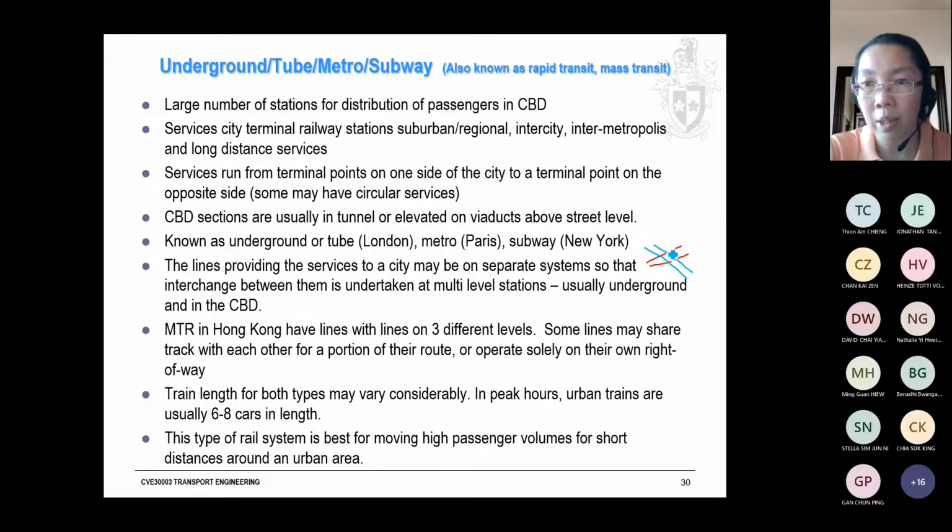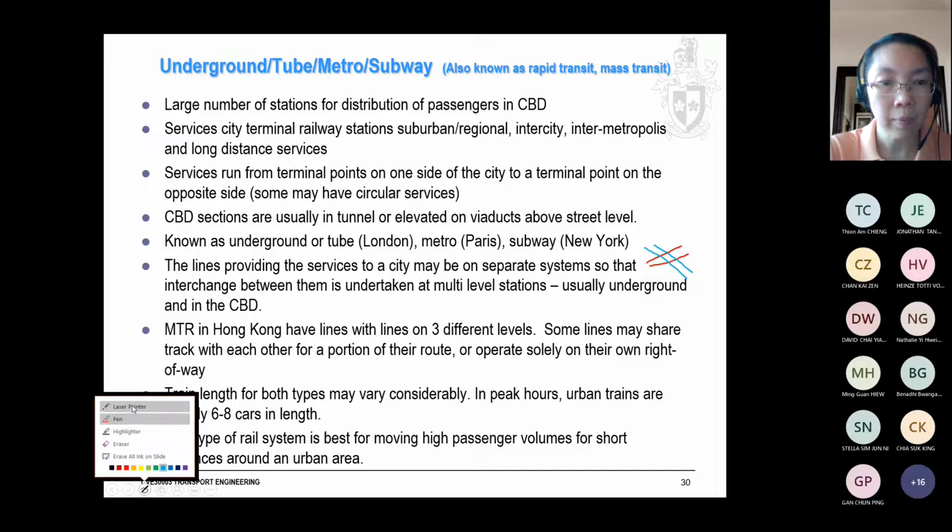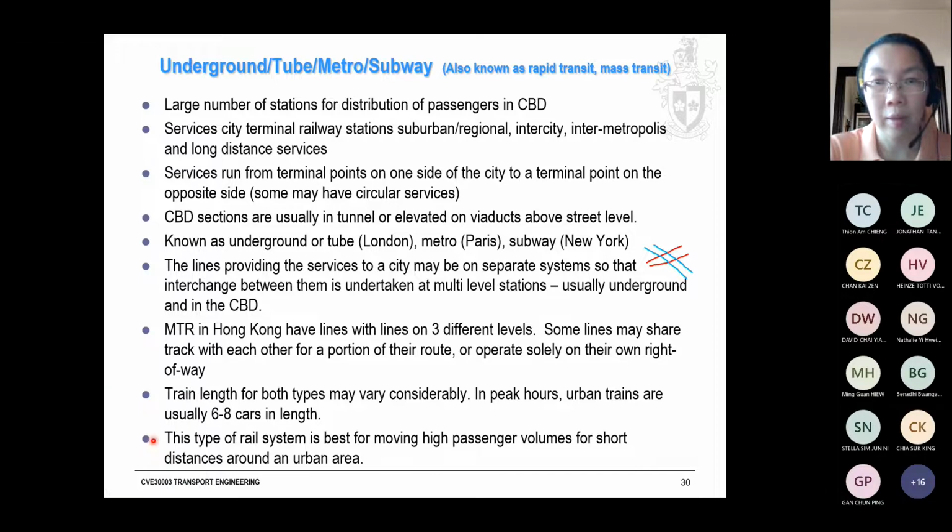So at this change location, this usually is a station. And for this station, you may have multiple layers underground. So you have to take a lift or elevator to go to the first level if you want to travel in this direction, and you have to go further underground if you want to travel in the other direction.